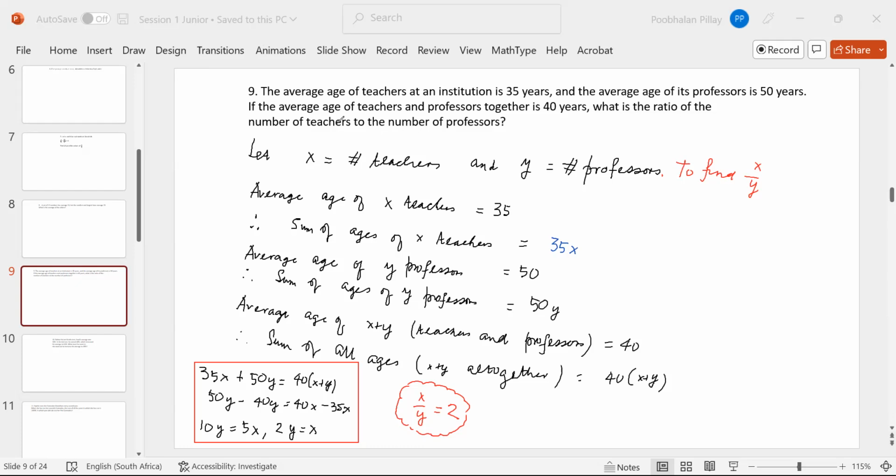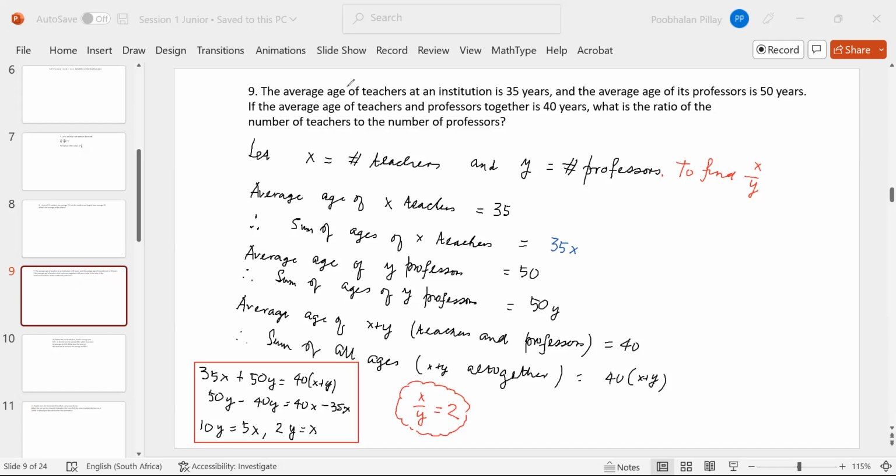So we might as well give a name to the number of teachers, and we're calling it X. And we give a name to the number of professors, and we'll call that Y. So that is X over Y, because that is the ratio. So we need to calculate this X over Y using the information that is given.